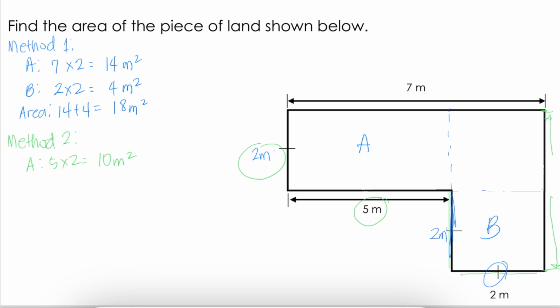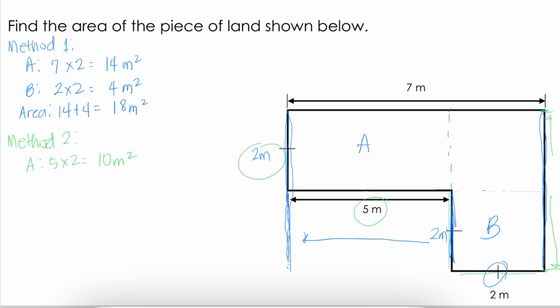If I move this side over here, can you visualize that? It would actually be the same length as this whole thing here. Okay, so these two long lines are of the same length.